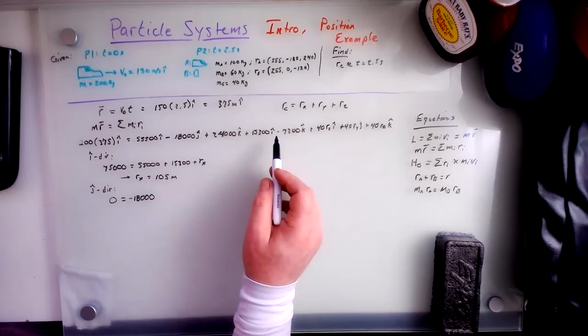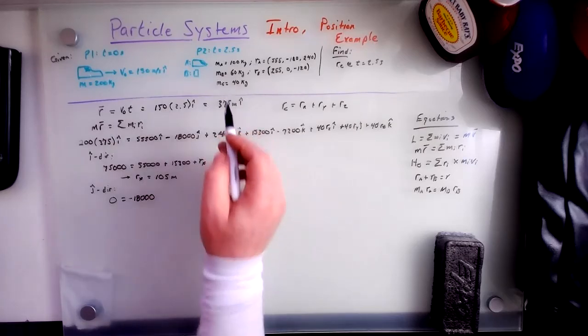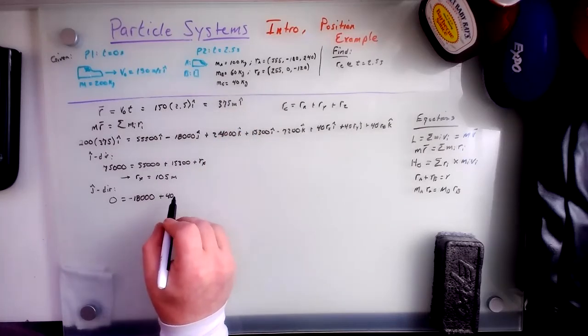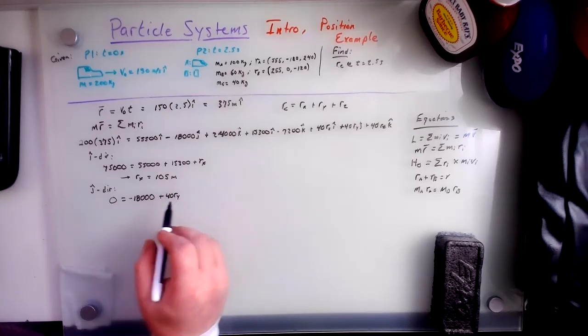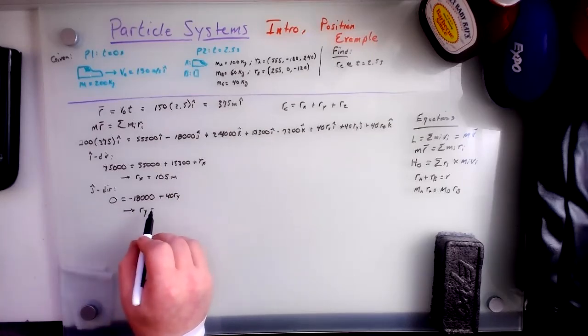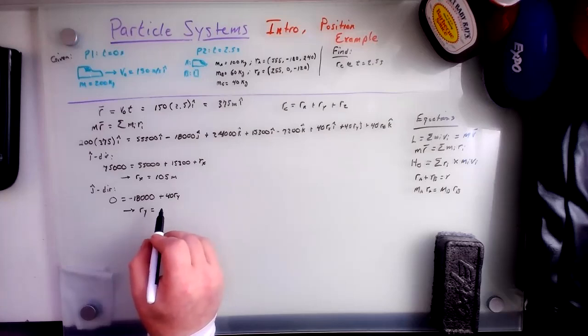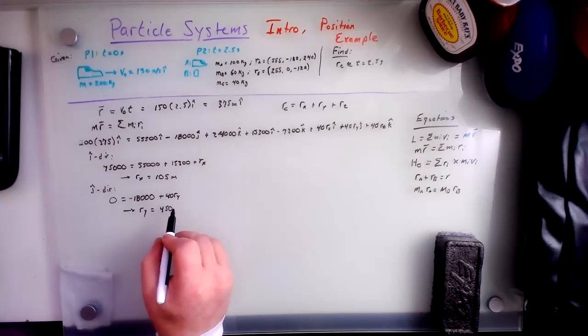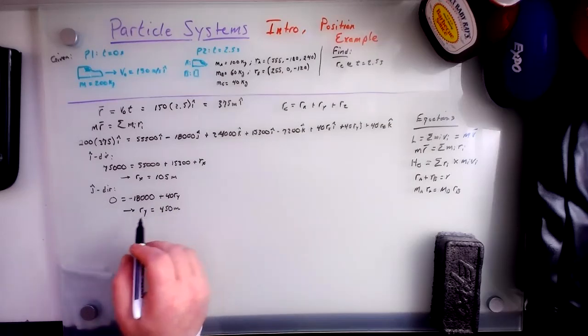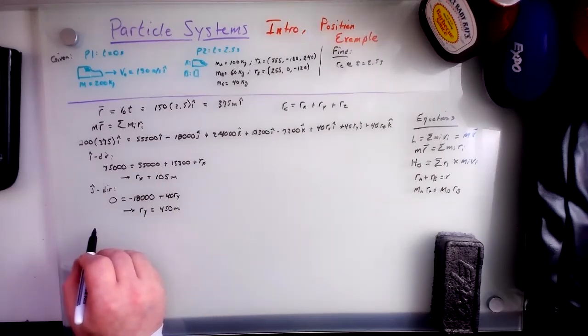There is no J component in B, so it's going to be plus 40 times R_y, which gives us R_y is equal to 450 meters. You just add 18,000 to both sides, divide by 40, and that's what it gives you.